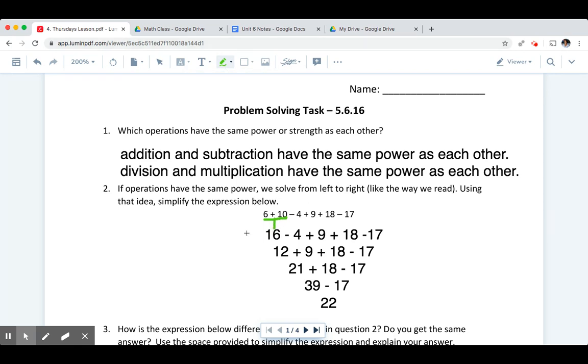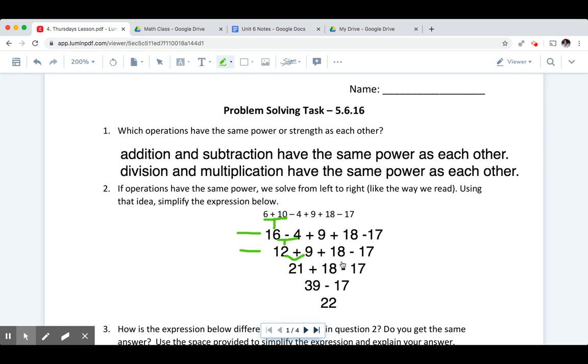And then I rewrote everything else in the expression because I hadn't solved it yet. Then I did 16 minus 4, and that got me 12. And again, I rewrote the rest of the expression because I haven't solved it yet. The next step was 12 plus 9 to get me 21.